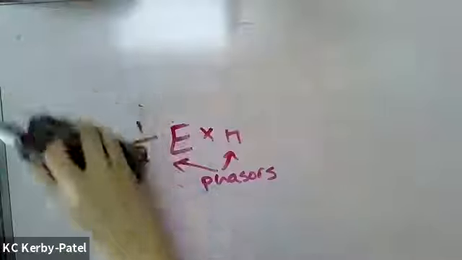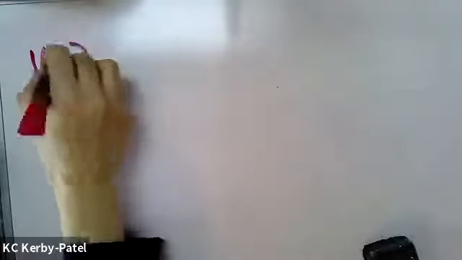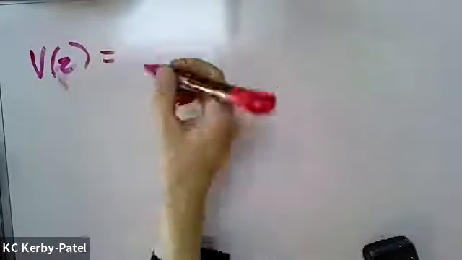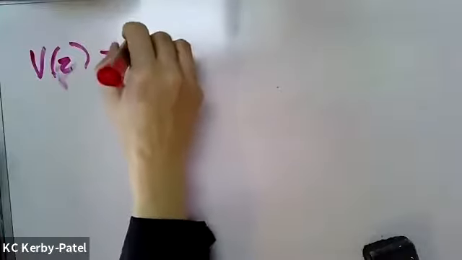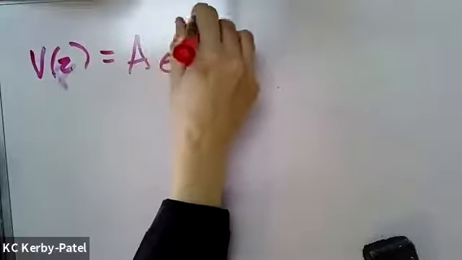Why does that matter? Because that wave equation we talked about admits solutions that look like this. Voltage as a function of position is equal to some amplitude times e to the minus j beta z.